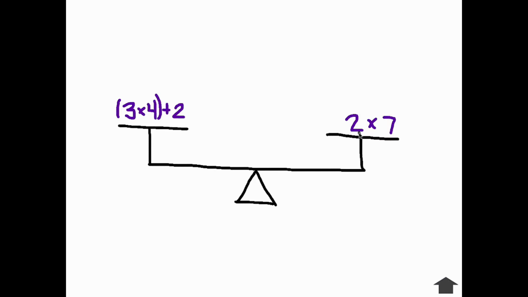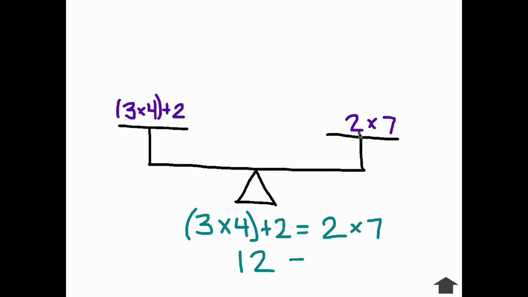Because both sides are equal to 12, it is balanced, and we can say that the quantity of 3 times 4 plus 2 is equal to 2 times 7, or 12 is equal to 12.